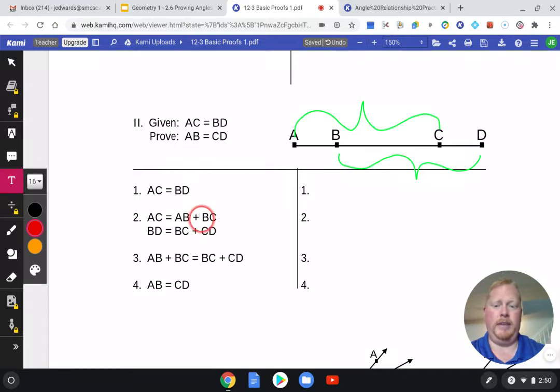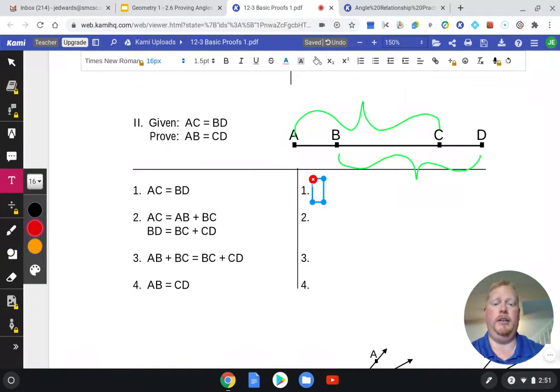So on our first statement, how do I know that AC is equal to BD? Because that was given to us. And 99% of the time, the very first statement in a proof is just to take what was given to us and state it. So statement 1 should almost always be given. Now statement 2 says AC equals AB plus BC.